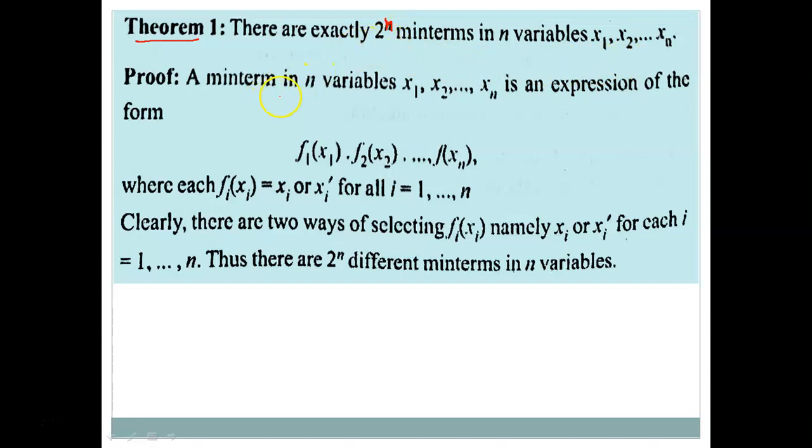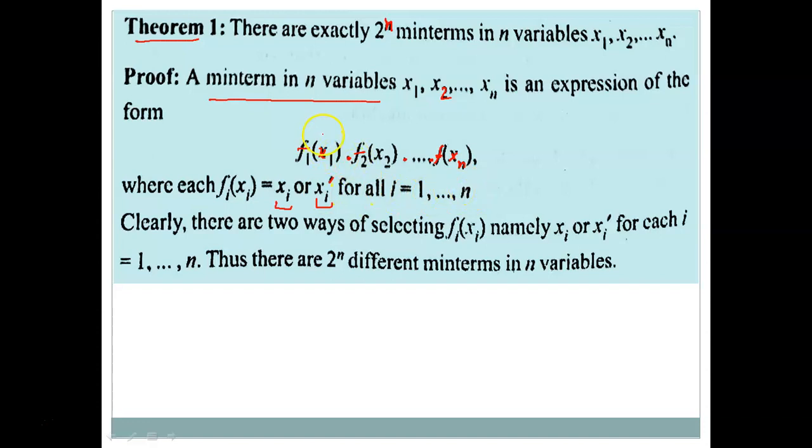How is that? A minterm in n variables x1, x2 and xn is an expression of the form f1(x1) dot f2(x2) dot and so on dot, in the last you will have fn(xn), where fi(xi) is equal to either xi or xi complement for all i going from 1 to n.